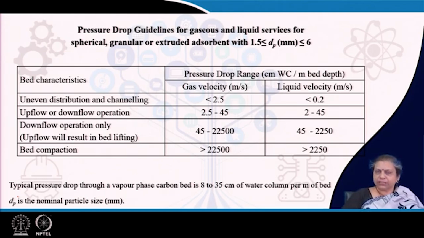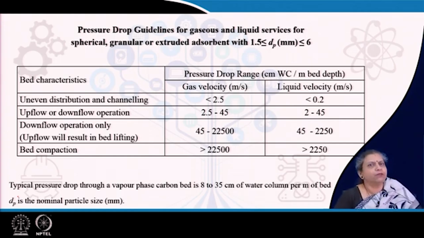Only downflow operation is possible when, with upflow, this velocity is going to result in the lifting of the bed. It is important for you to remember that the velocity for lifting is less than the velocity which brings about bed compaction.